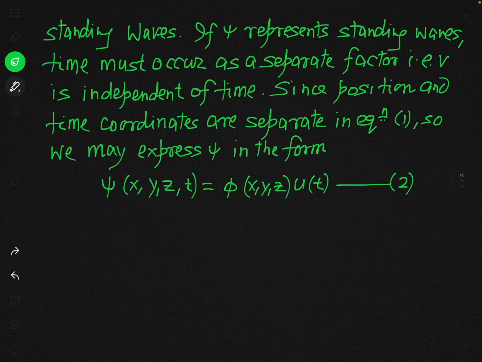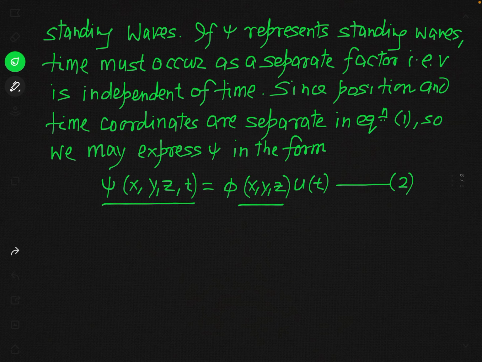And you know, if the LHS is a function of x, y, z and the RHS is a function of t, in that condition we may express this function psi of x, y, z, t as a product of two functions, of which the first will be only a function of the space coordinates and the second will be a function of time t.